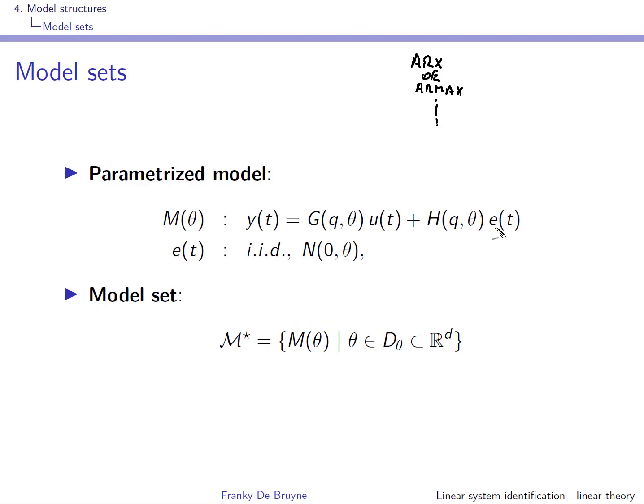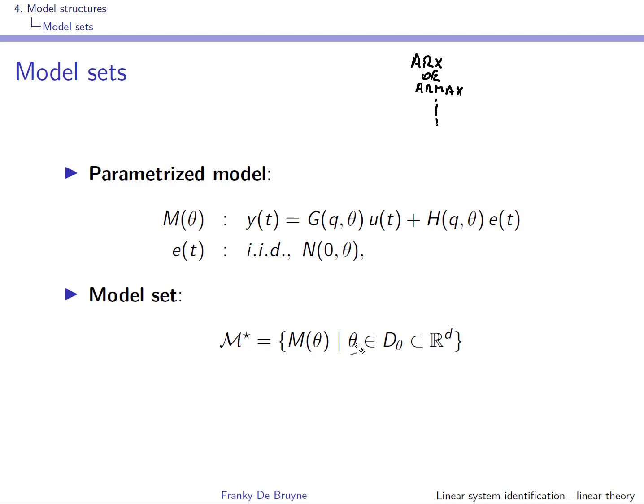So once you have chosen a parameterized model structure, then you can have a look at the associated model set. The model set is all the models that have this particular structure where theta is living in some set.